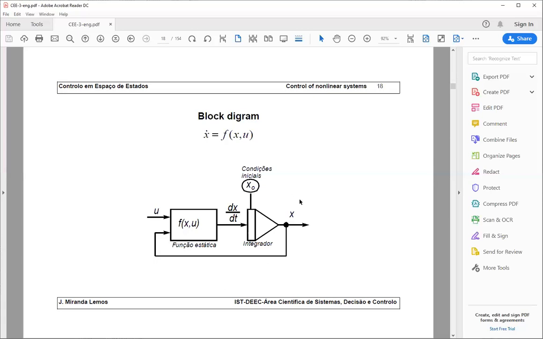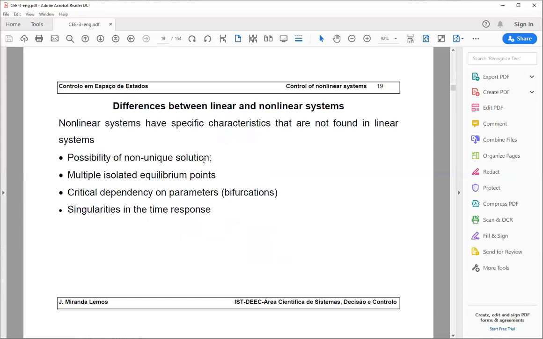In this way, using just a nonlinear function and a block of integrators, you can easily simulate nonlinear systems, or at least nonlinear systems that can be written in this form. They are not all, but they are most of the ones that you are going to consider in your lifetime.